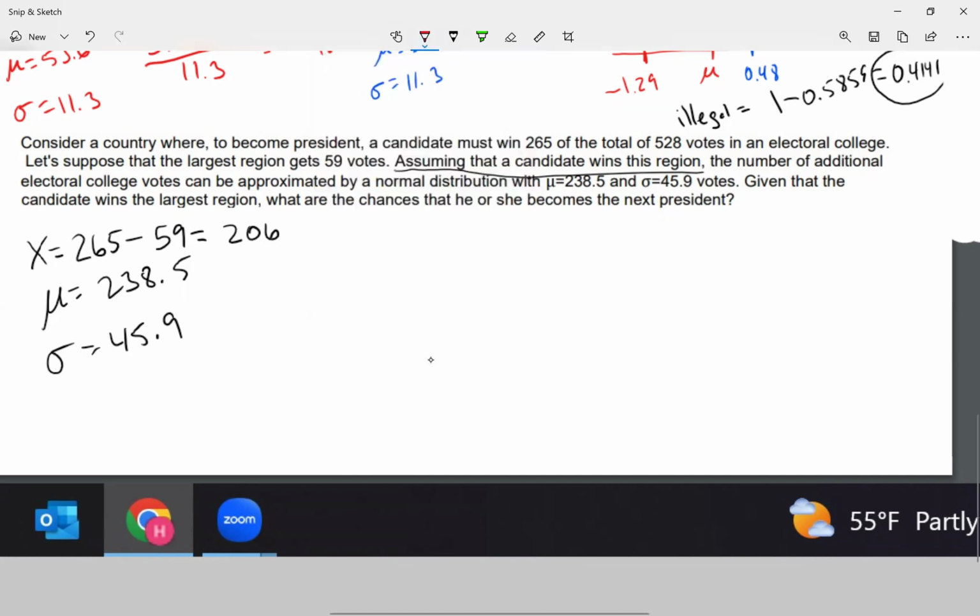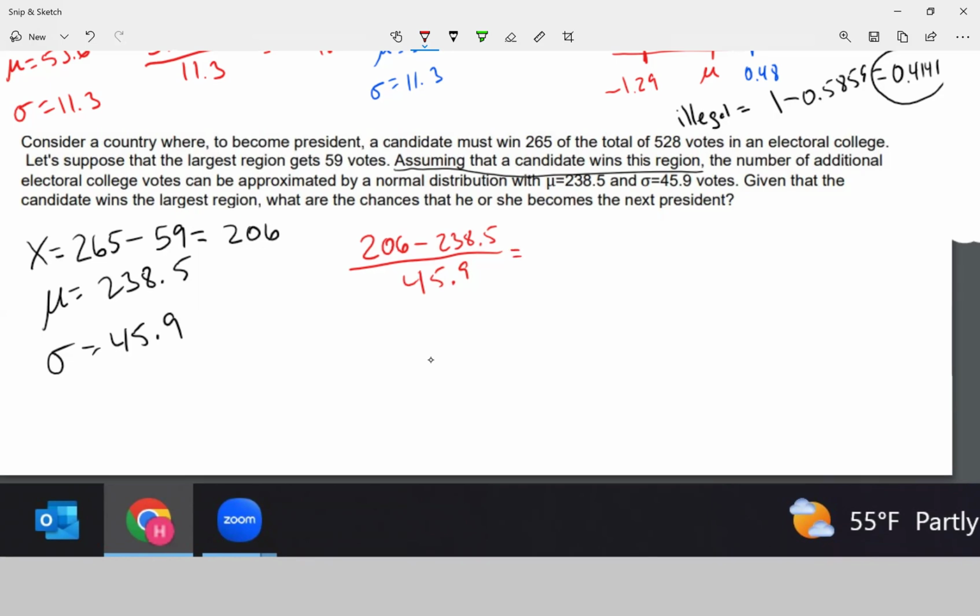My z-score, I'm going to go 206 minus 238.5, divide this by 45.9. So 206 minus 238.5, all of this divided by 45.9. I'm going to round my z-score to 2 decimal places. I get that my z-score is negative 0.71.